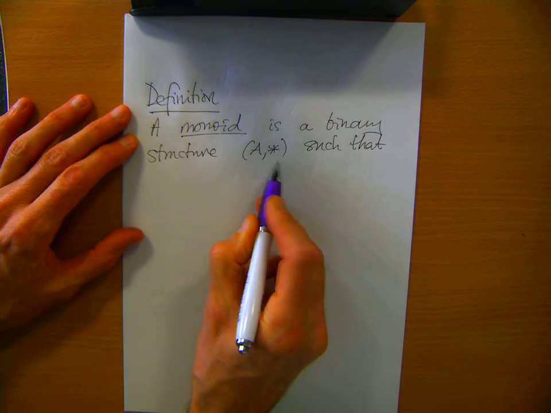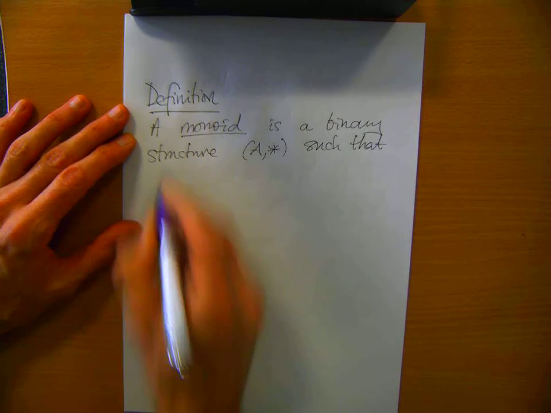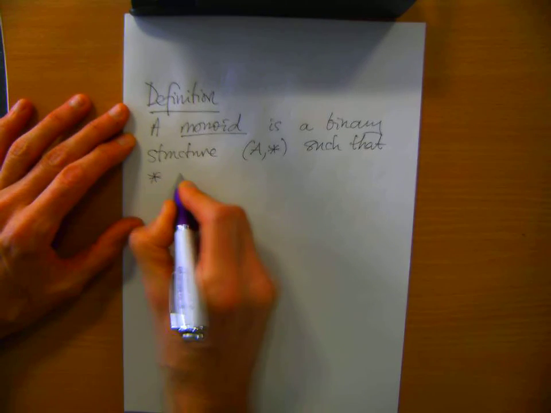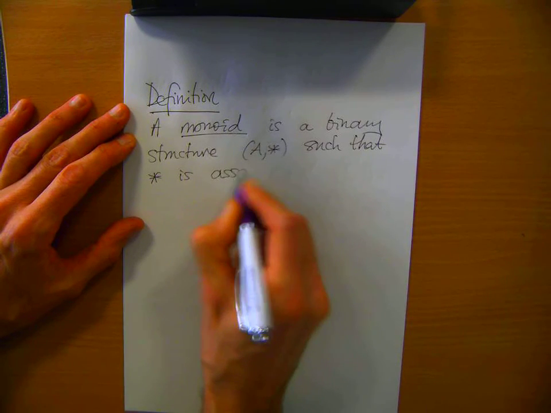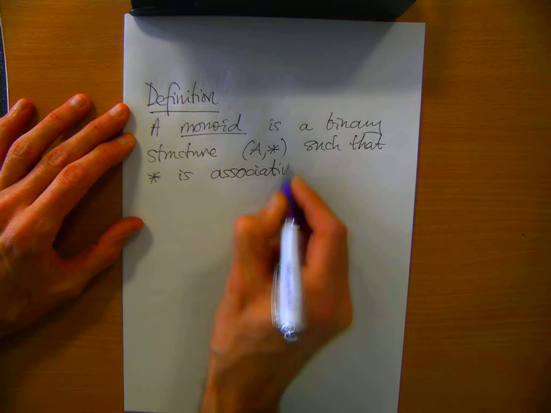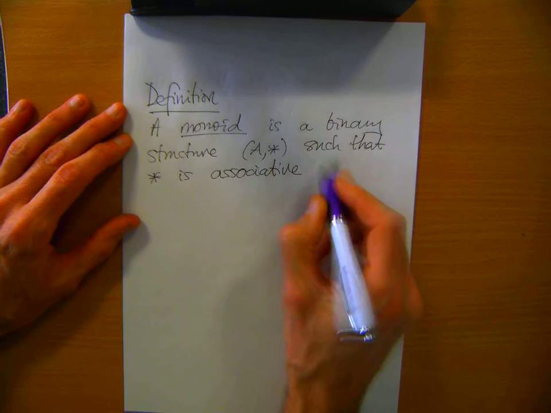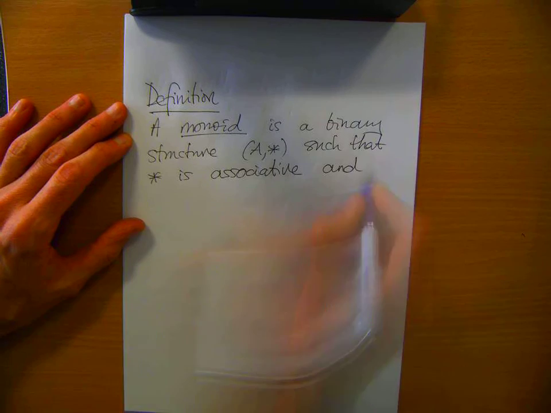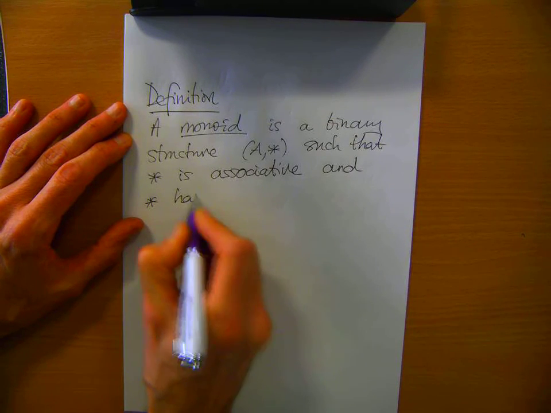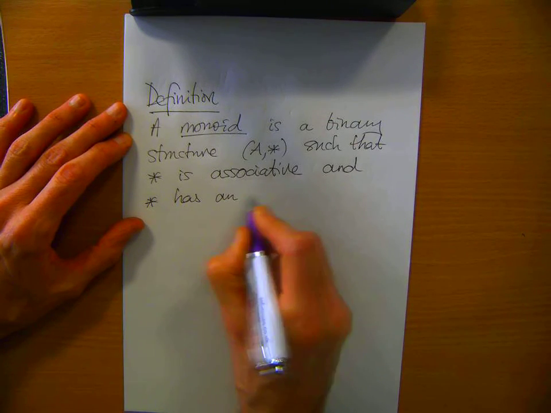The binary operation's got 2 nice properties, such that star is associative, which in fact makes it a semigroup, but it's also got an identity element.